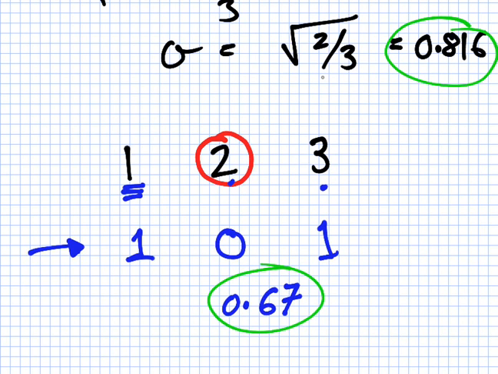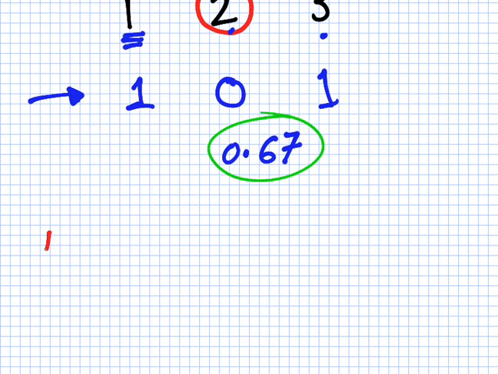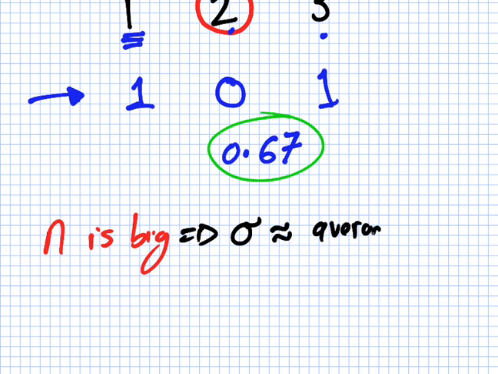It's not exactly the same, but the good news is the more points in your data, the closer those two numbers will be. So if n is big, then the standard deviation, we can think of it as being roughly the mean average from the mean average.